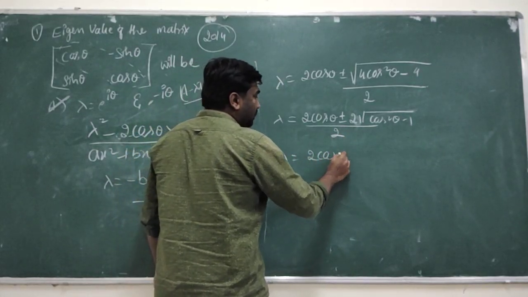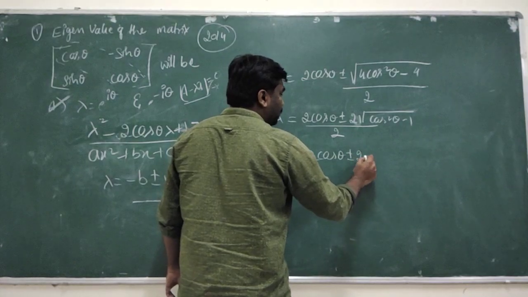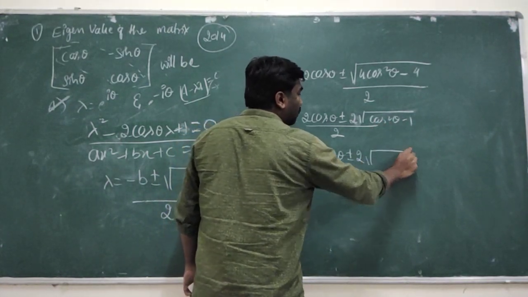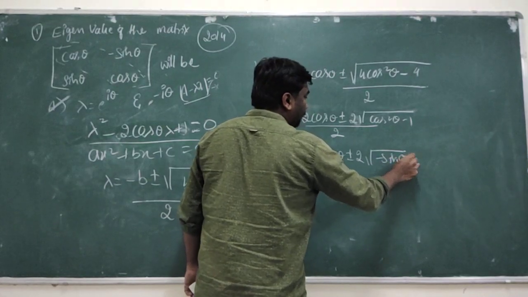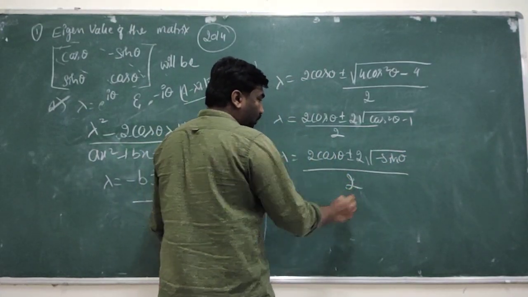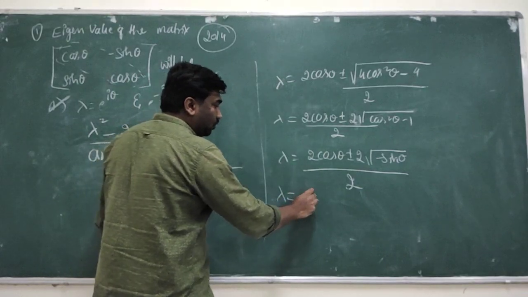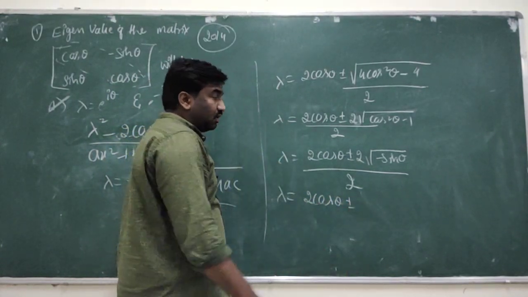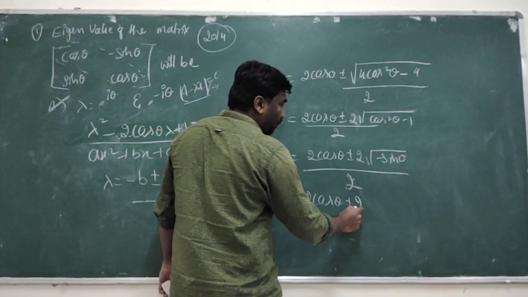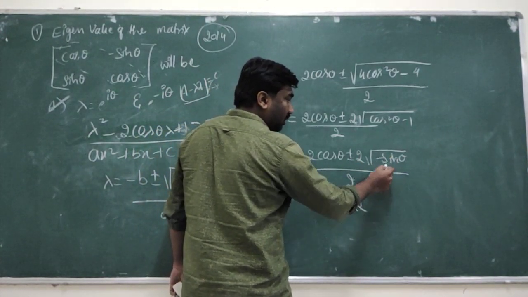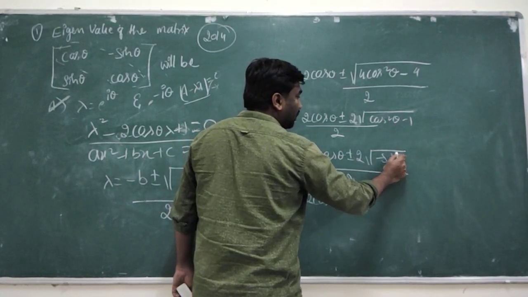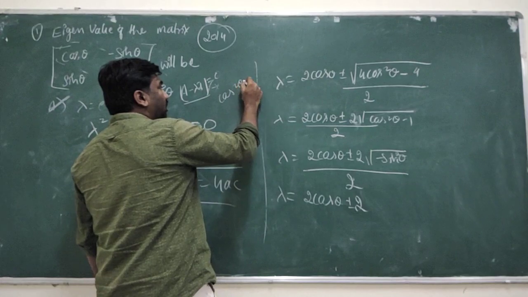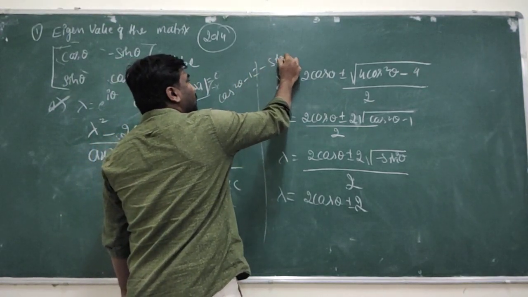So 2 cos theta plus or minus 2 into root of minus sin square theta, divided by 2, because cos square theta minus 1 is equal to minus sin square theta.